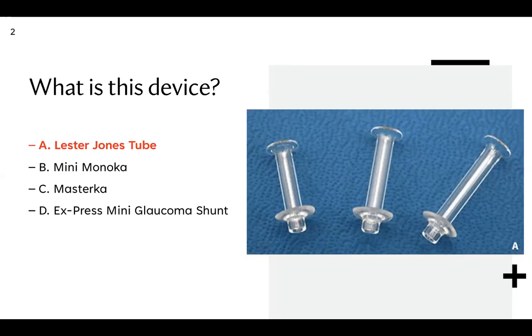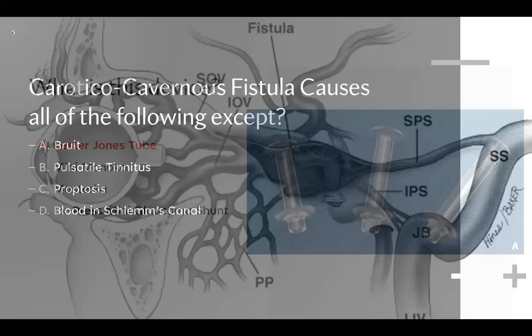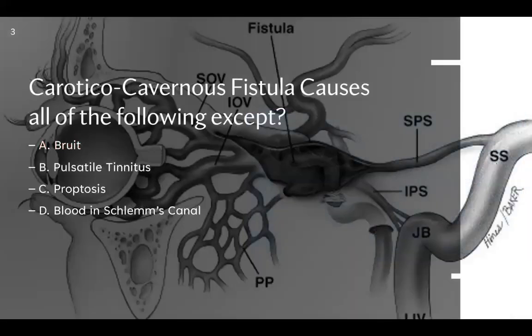Our next question: a caroticocavernous fistula causes all of the following except A, bruit, B, pulsatile tinnitus, C, proptosis, D, blood in Schlemm's canal.